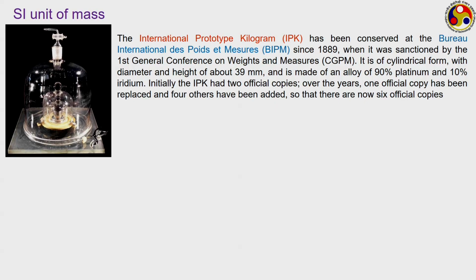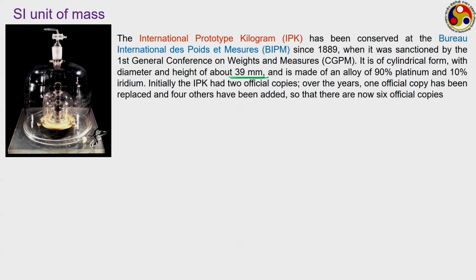Like as per the convention of 1889, one particular cylinder which is having the diameter of about 3.9 centimeter and height of about the same value, and it is made of platinum iridium, that is 90% platinum, 10% iridium.